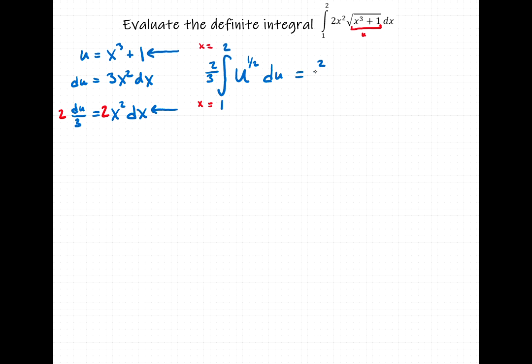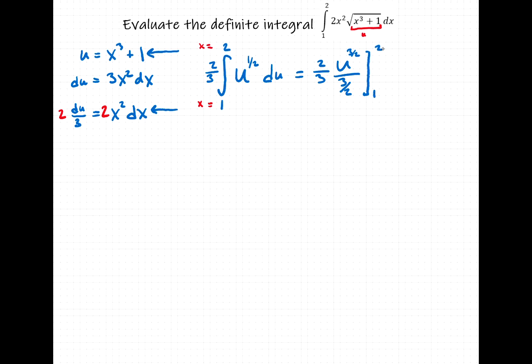So we have 2/3, and the antiderivative of u to the 1/2 would be u to the 3/2 over 3/2, and we're evaluating this from x equals 1 to x equals 2.